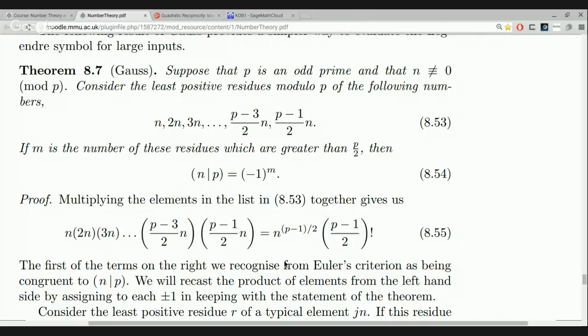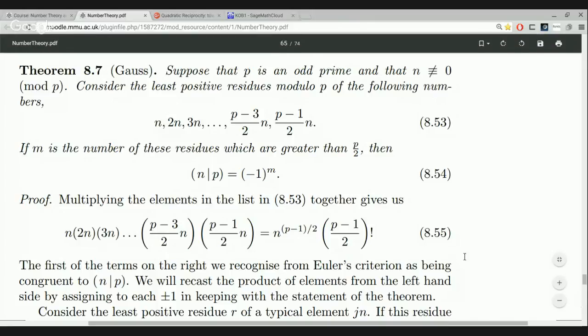So we're trying to evaluate n modulo p. We take our n, look at all these multiples of n, and reduce them to their standard residues. Some of those residues will end up in the second half of residues modulo p. The count of the number of them that do is this number m. And whether that's even or odd is going to give us the value of the Legendre symbol. And it's all based on Euler's criterion, as you'll see quite soon.